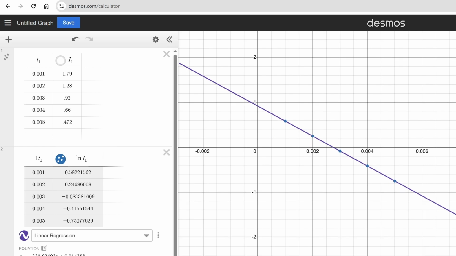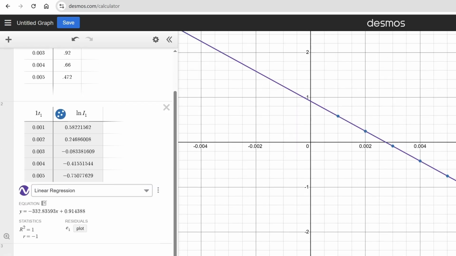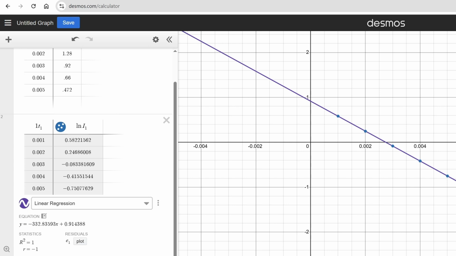And this tells us, first of all, notice that r squared is equal to 1. That's because I made this number, so it worked. But we get the following equation where y is equal to negative 333, basically, x plus 0.91.